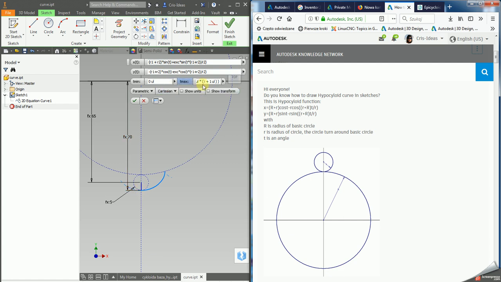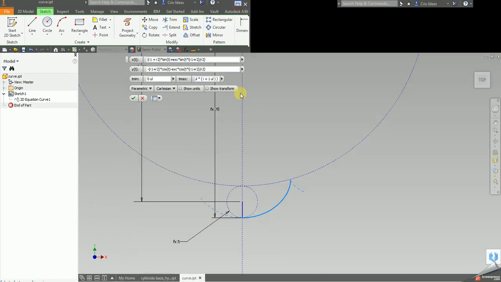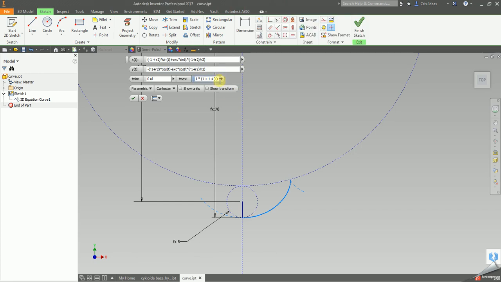Now this works as long as you do not exceed the touch point here in the range for the argument for those functions, because once you exceed this point, although Inventor shows that this curve will go this way, it does not work.